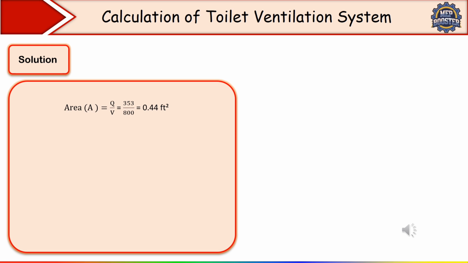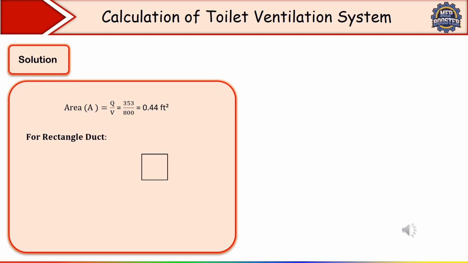If you remember, I have already discussed that. For a residential private building, how much velocity do we have to maintain inside the duct? 700 to 900 fpm. So here I have taken 800. When you calculate you will get the area 0.44 square feet.